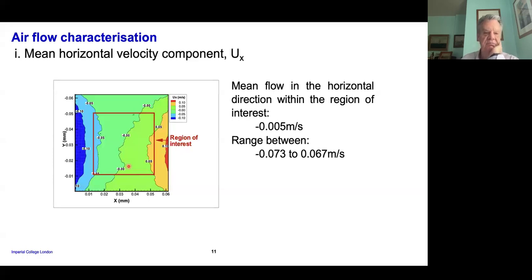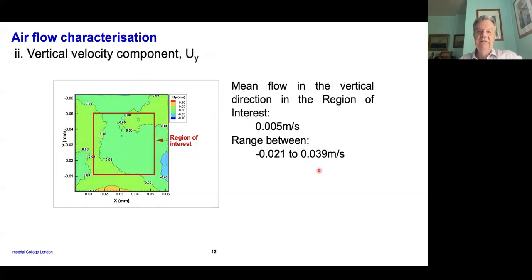So this is like a big stagnation point. We look at the mean velocity in the x direction, so horizontal, and y vertical. So you see that the mean velocity that we measure is very, very low with small variability. And then the same thing applies in the other direction.